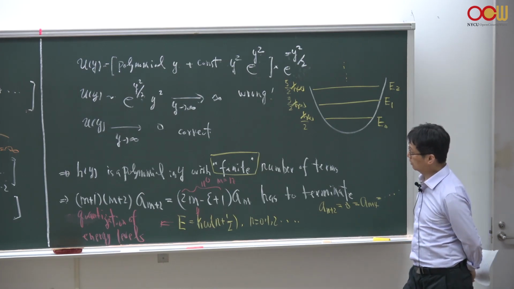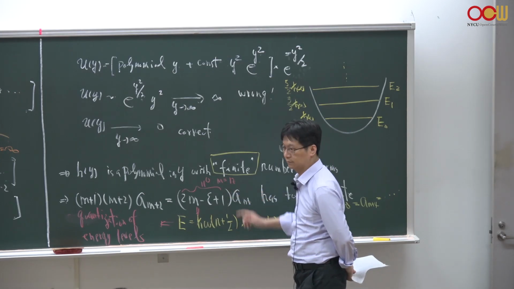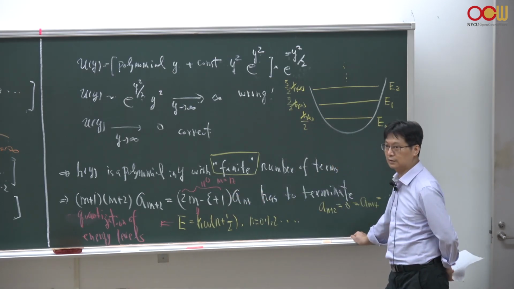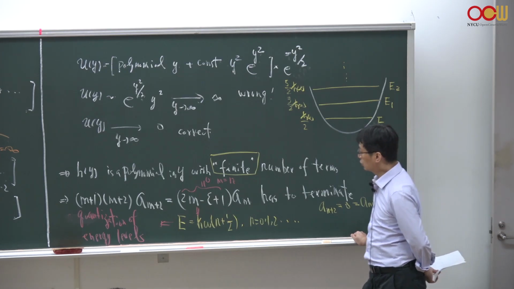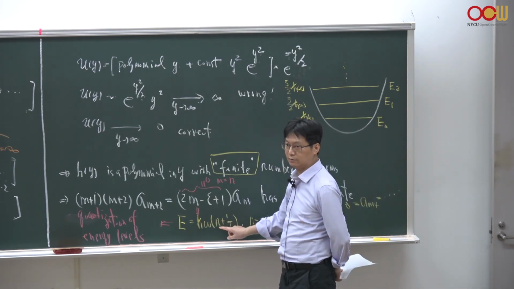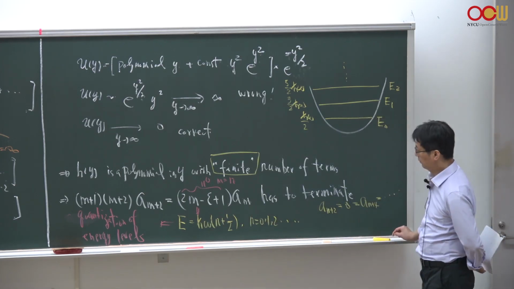So then this polynomial just stops right at m equals n. Right? Okay. And this eigenenergy E is a function of n, where n is an integer number, ranges from 0, 1, 2, up to infinity.